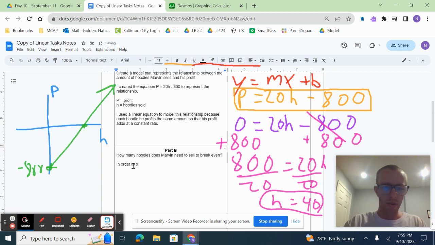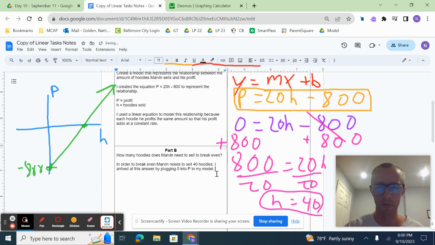In order to break even, Marvin, and you should be writing this on your paper, obviously, needs to sell 40 hoodies. I arrived at this answer by plugging 0 into P in my model.